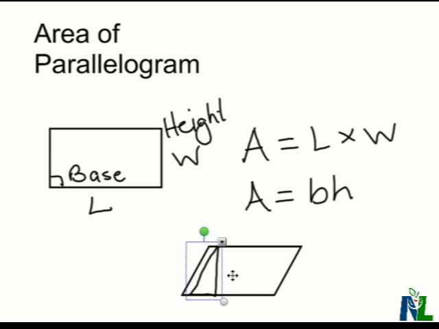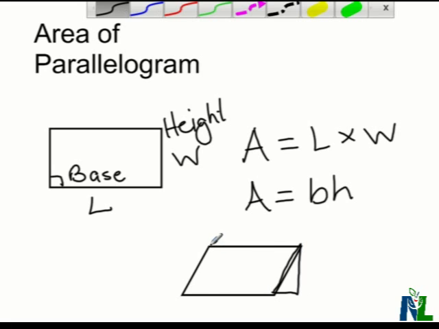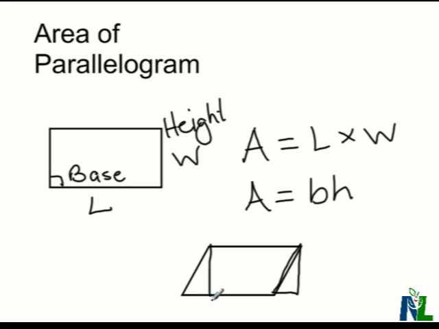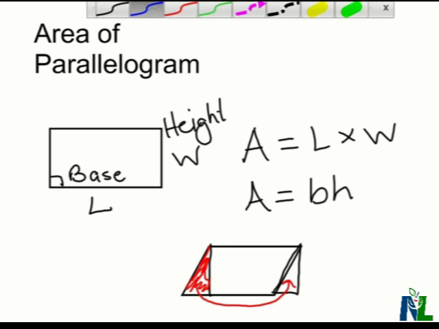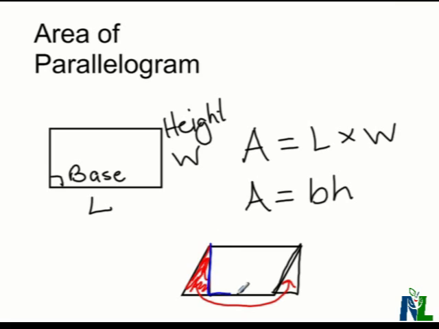And if I pick that up and move it over here, you notice it actually cuts it off just like as if it was a rectangle. So can you see, if I cut this piece off right here and I move it over here, I have a new shape, which is a rectangle.